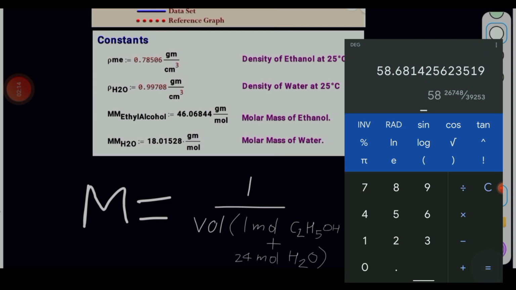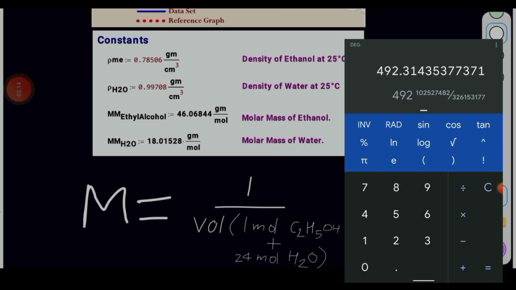Now we have to add the volume of water, 24 moles of water, so that will be 24 times the molar mass, which is precisely 0.01528, and this one will be divided by the density, which is 0.99708, and yeah, that's pretty much it. It's 492 point this long number.